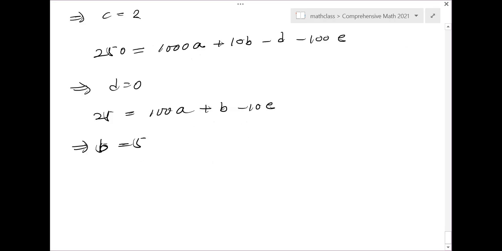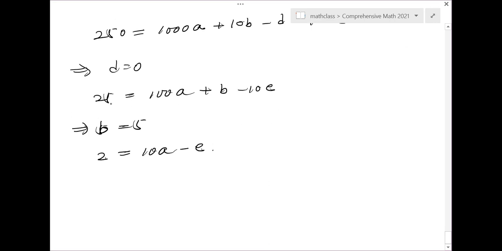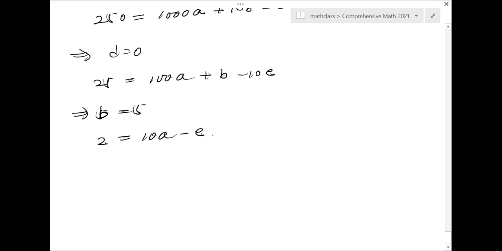And after getting rid of B, you divide by 10, and then you get something like that, right? First of all, you get rid of 5. 20 equals 100A minus 10E, then you divide by 10, then you get this answer, okay? So now it's clear that E must be equal to 8, okay?